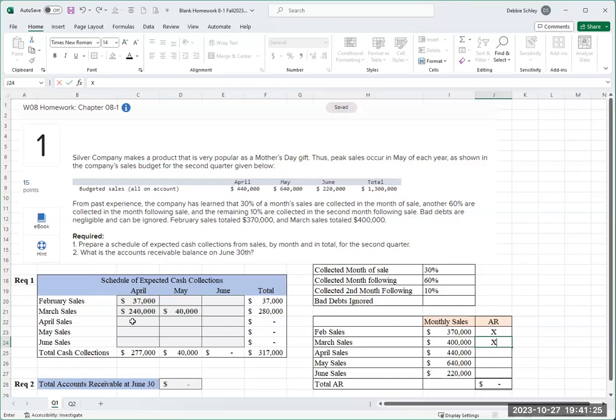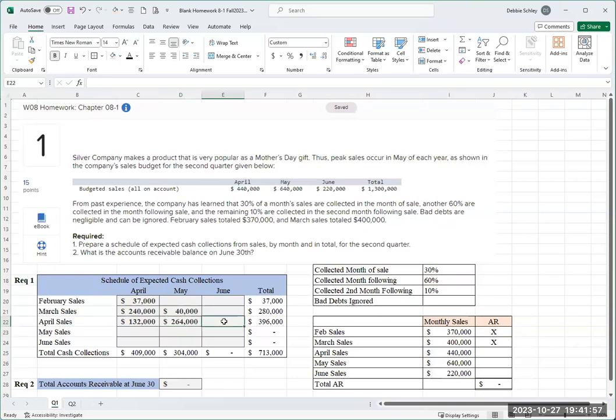Okay, April sales. We're looking at what we're collecting in April. So this is April sales, the month of the sale. Here's my April sales number times 30%, which is the month of the sale. And then I'm just going to look forward. In May from April sales, I'm going to collect the month following, which is 60%.